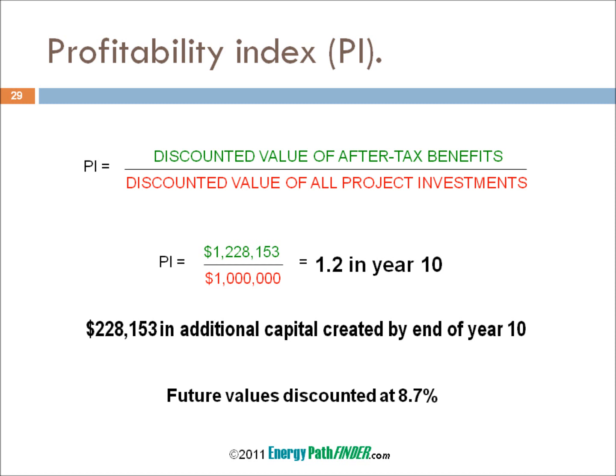The total benefits exceed the total investment, so the PI for this proposal is greater than unity. Specifically, the discounted cash flow from this investment not only returns the original $1 million investment, it creates an additional $228,153 by the end of the 10th year.